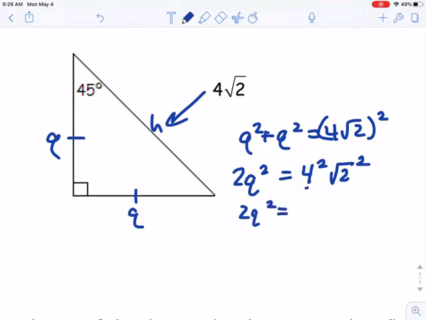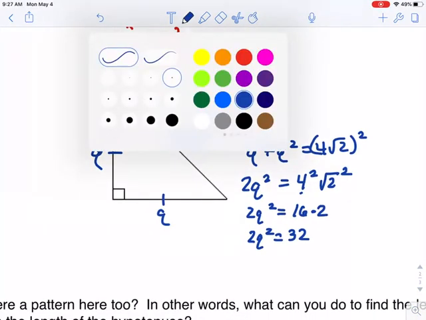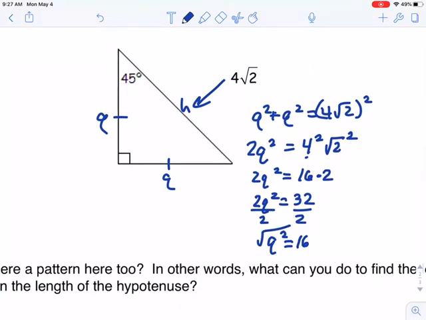So simplifying this right hand side, we're going to have 16 times 2. So 2Q squared is going to equal 32. That was a lot of math, and we're not even done yet. Now I got to divide both sides by 2. And Q squared equals 16. Take the square root of both sides. The square root of 16, Q equals 4.